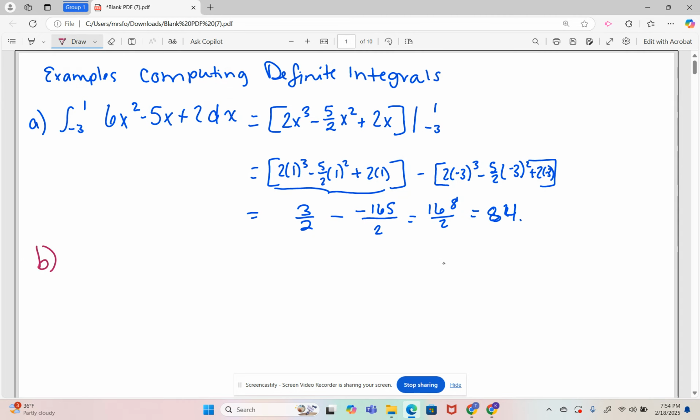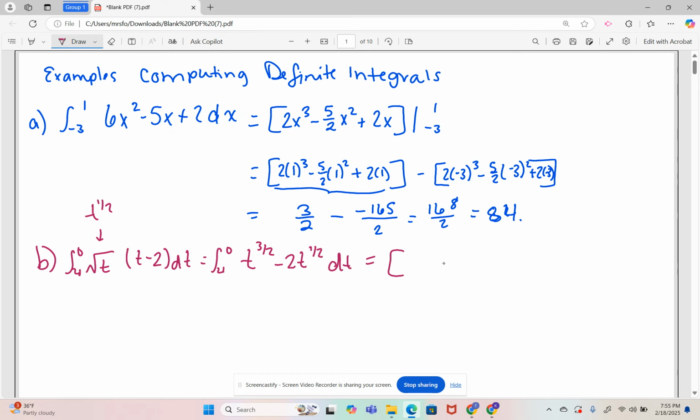I know that the square root of t is t to the 1/2. So if I distribute the t to the 1/2 through, that would become t to the 3/2 minus 2t to the 1/2 dt. And that's much easier to find the antiderivative.